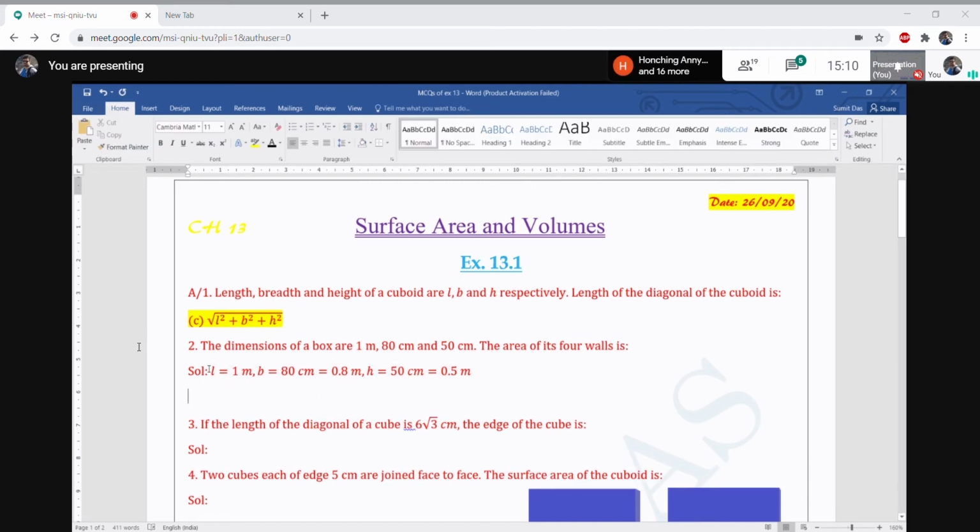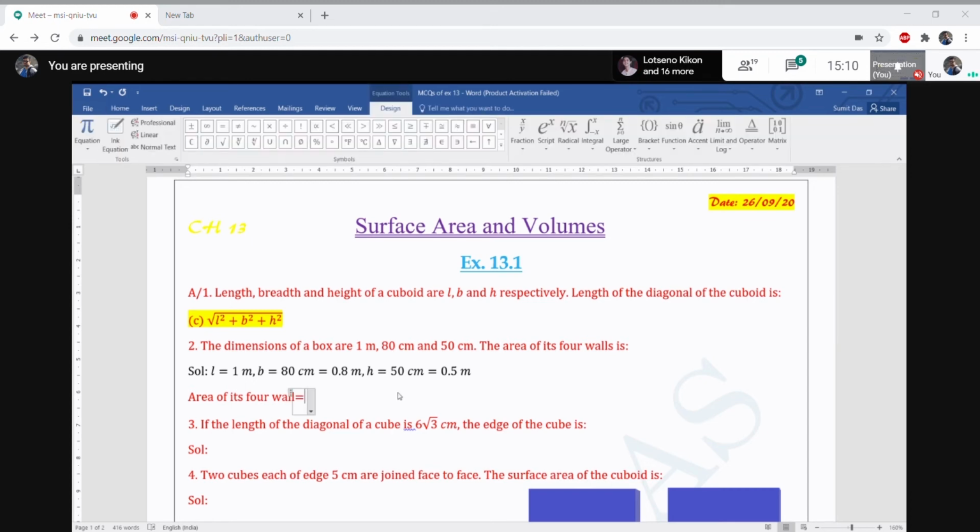Now the area of the four walls, formula. If you remember the formula, that is LSA formula.